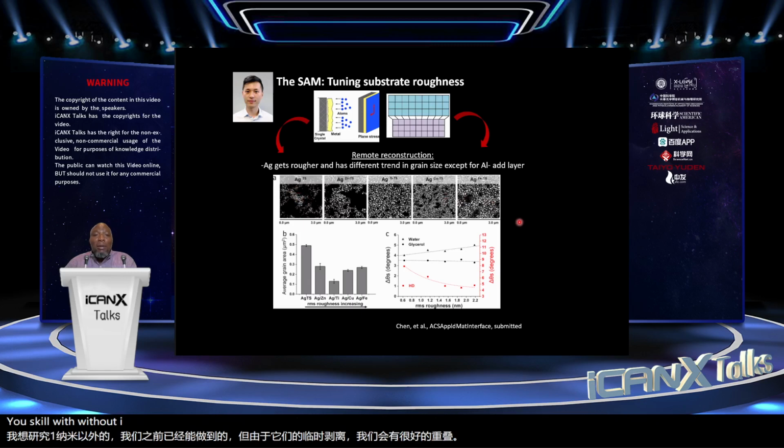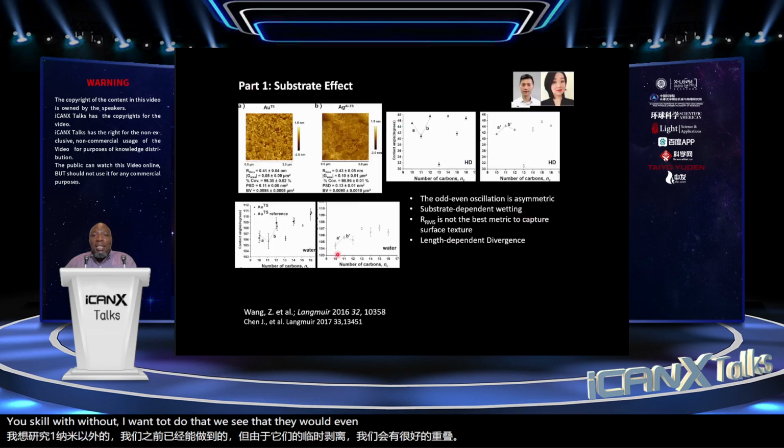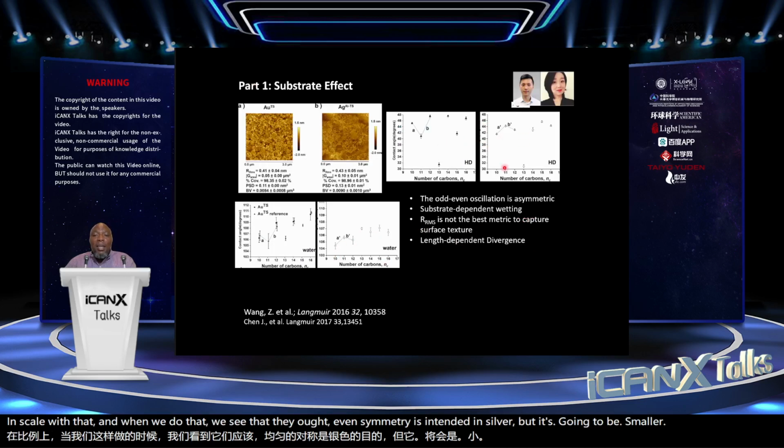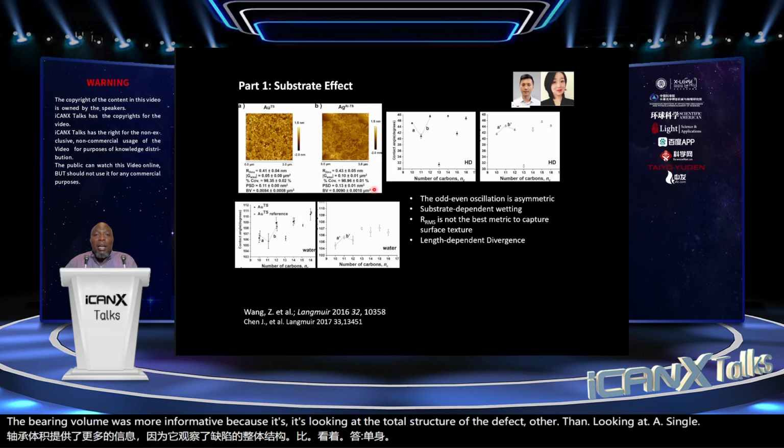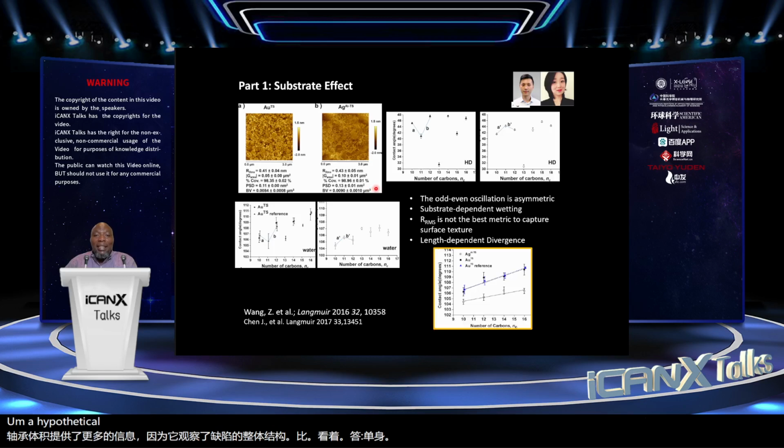And when we do that, we see that the odd-even asymmetry is maintained in silver, but it's going to be smaller. And we also realized that RMS is not the best metric to measure the roughness of the material. The bearing volume was more informative because it's looking at the total structure of the defect rather than looking at a single hypothetical line in the average.